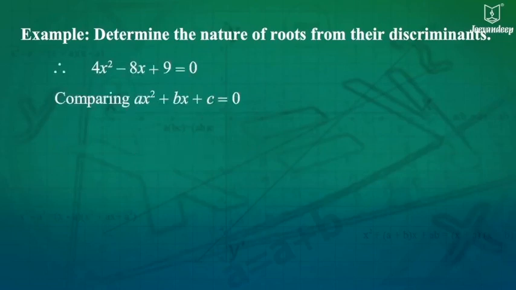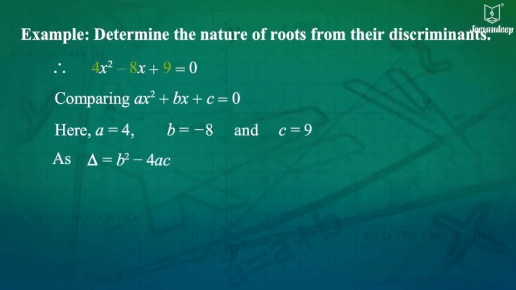Comparing this equation with ax² + bx + c = 0, we find that a = 4, b = -8 and c = 9.